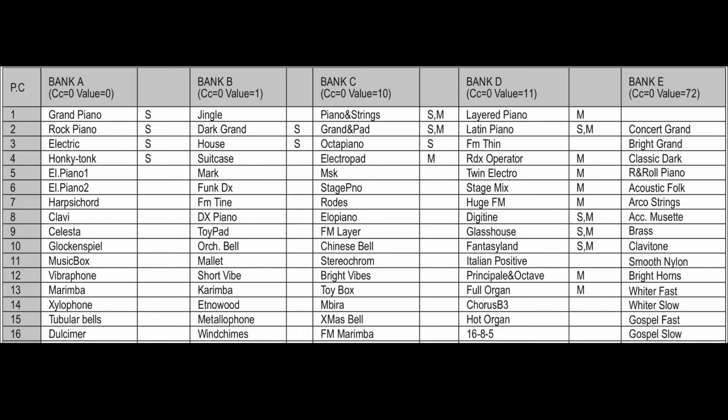So the PC maps to the PC/program change on the Wersi side, and the value numbers map to the MSB side on the Wersi. So if you put in those numbers, and we'll show you an example here in a second, and this isn't the whole list, this is just enough so you get an idea what's going on.